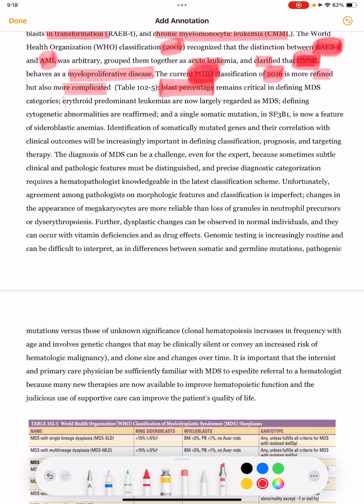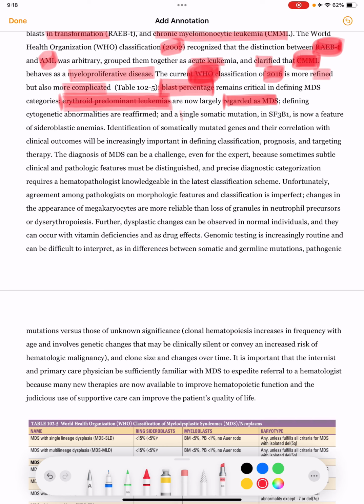Erythroid predominant leukemias are now largely regarded as MDS. Defining cytogenetic abnormalities are reaffirmed under single somatic mutation.